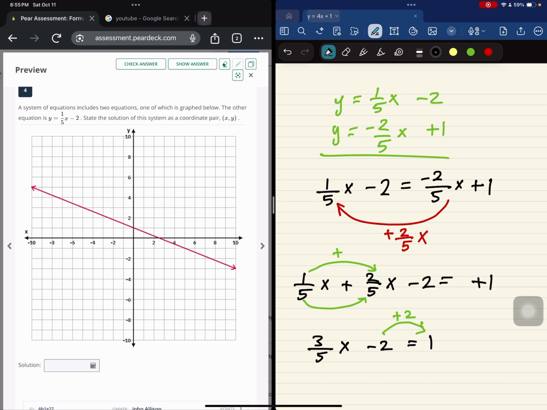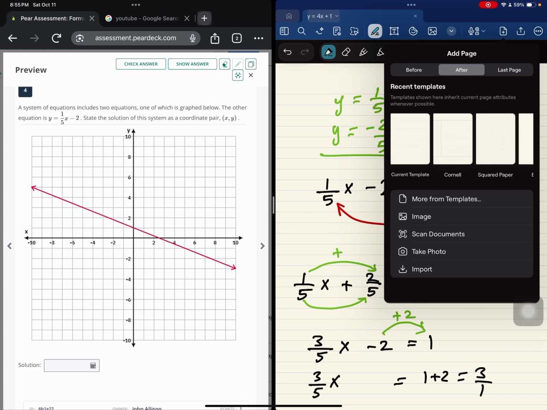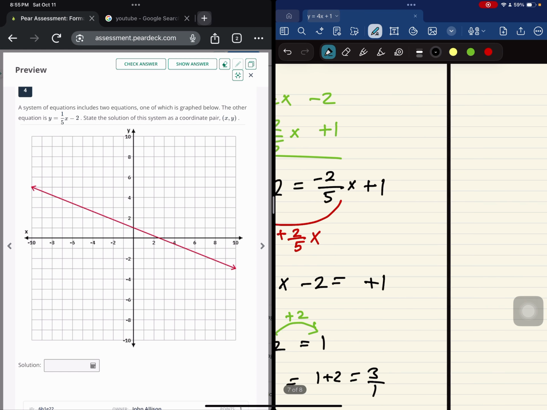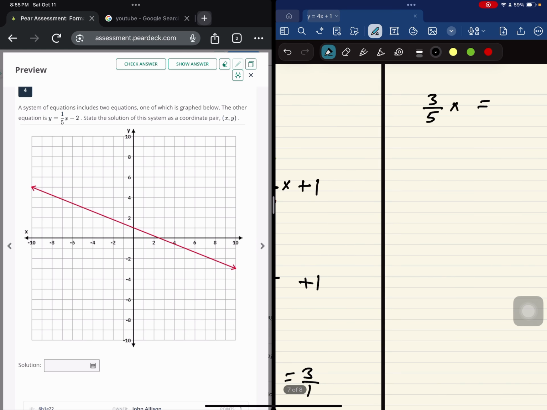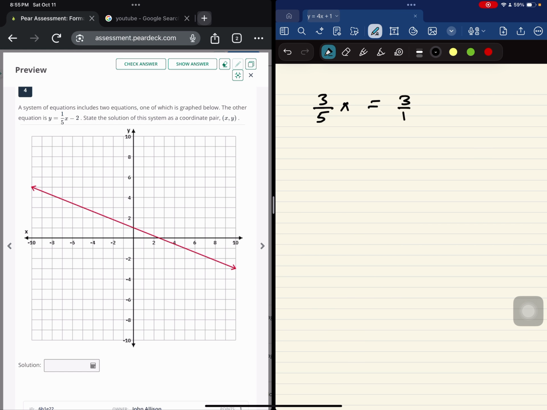We are left with 3/5 x equal to 1 plus 2, which is 3. So 3/5 x equals 3, that is 3 times x divided by 5 equals 3 divided by 1.